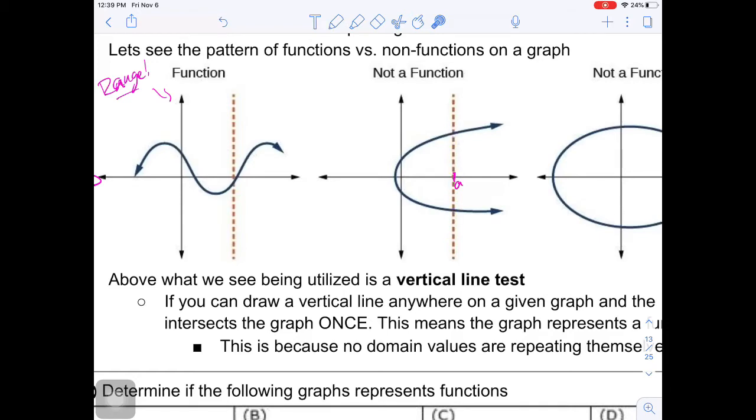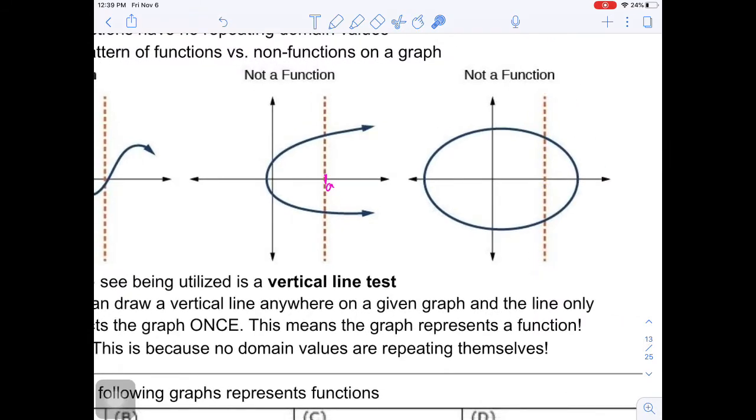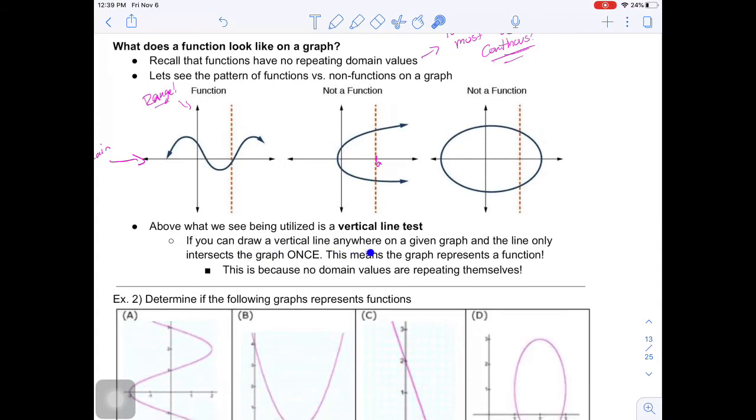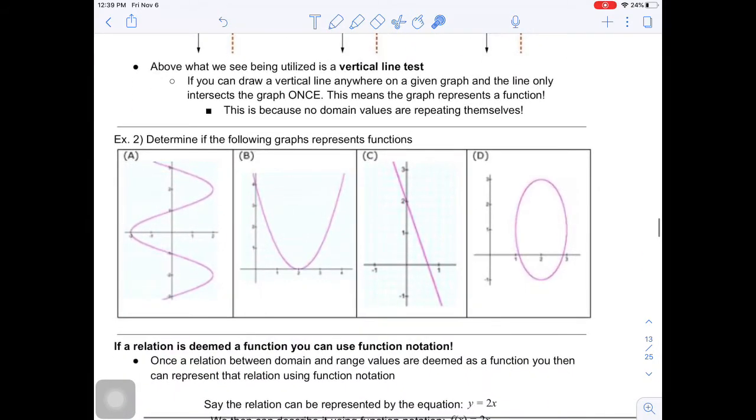Therefore, it is not a function. You can determine these using the vertical line test. So if you can draw a vertical line anywhere on a graph, and the line only intersects the graph once, this means the graph is a function. This is because no domain values are repeating.